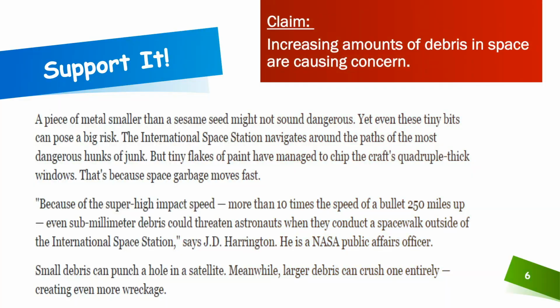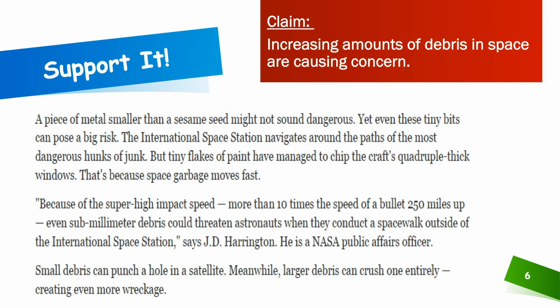That's because space garbage moves fast. Because of the super high impact speed, more than 10 times the speed of a bullet, 250 miles up, even sub-millimeter debris could threaten astronauts when they conduct a spacewalk outside of the International Space Station, says J.D. Harrington. He's a NASA public affairs officer.